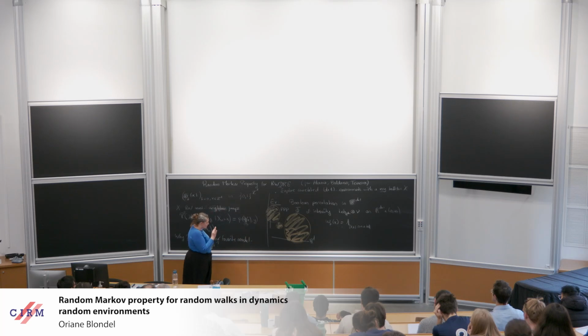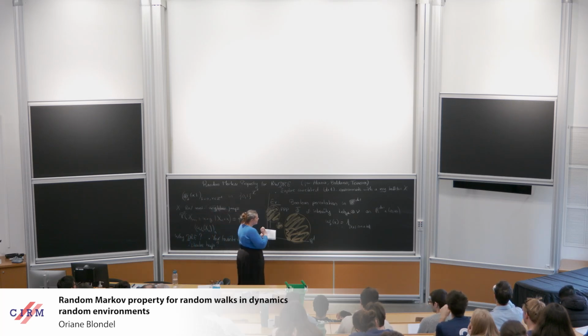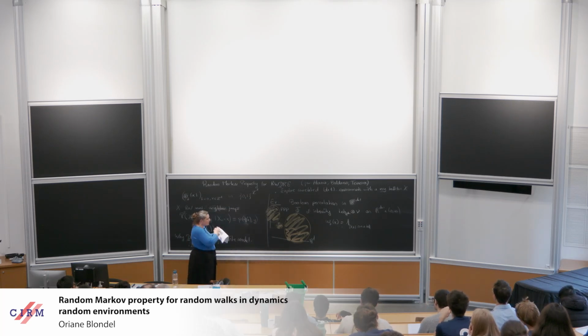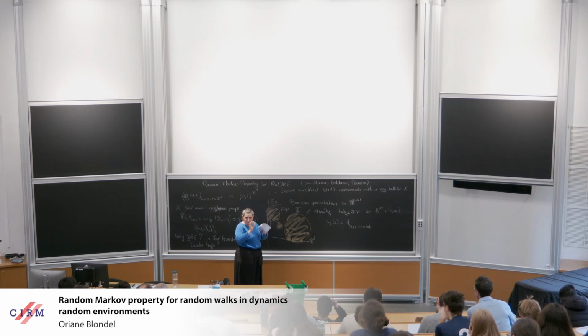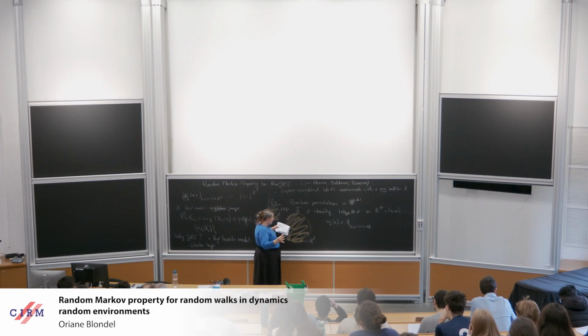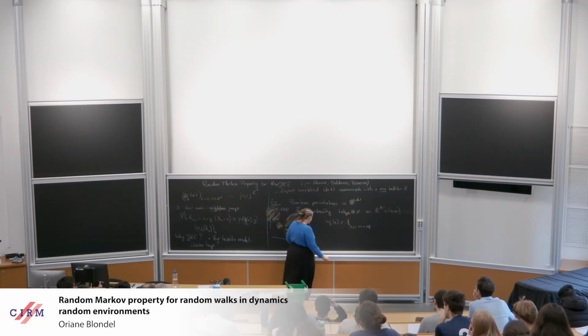So the correlation in your environment is going to depend on the tail of nu. If nu has very light tails, then the different points are not going to see each other. But if you can have very large balls, then your environment becomes very correlated.